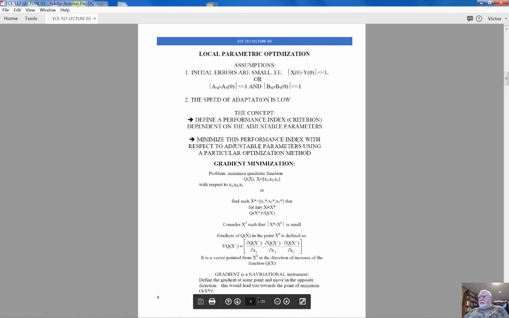What's next? We will have to start from some initial condition. So we will start from some point x0 such that the distance between point x0 and the point of minimum is small. Without this condition, we may have a lot of computational difficulties.